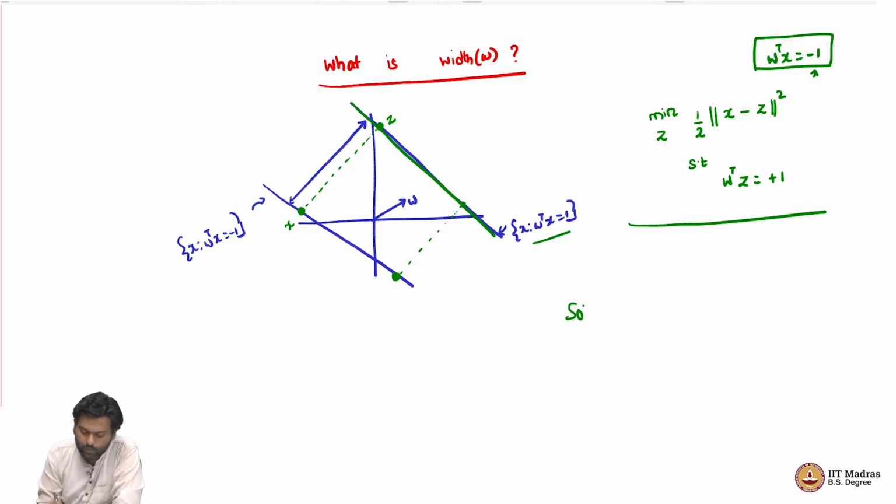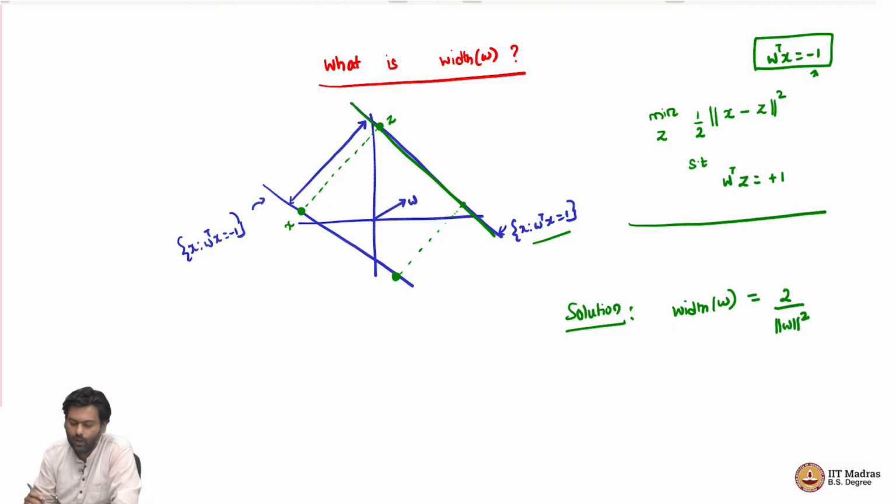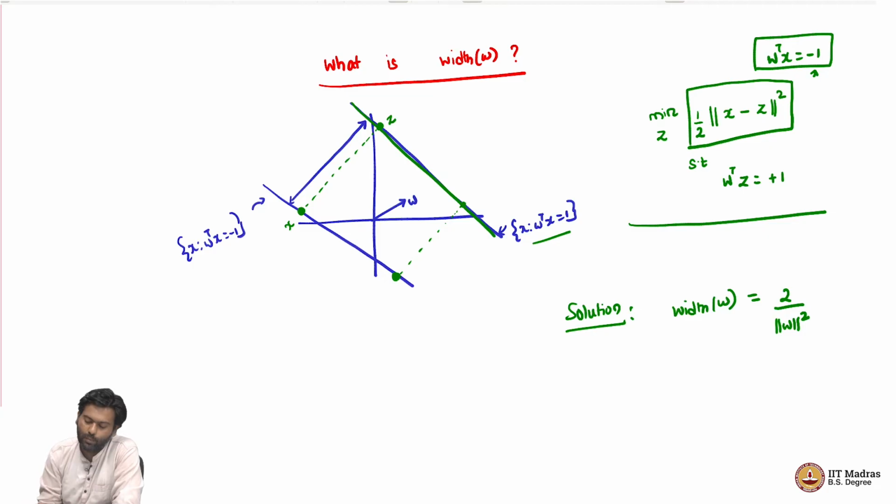The solution to this problem though will turn out to be that the width of W will be 2 divided by norm W squared. When I say width of W, I am considering this quantity, right, the half of the distance squared between these 2 points, that is what I am trying to minimize, and that quantity happens to be 2 over norm W squared. So, this is basically the solution to this problem.